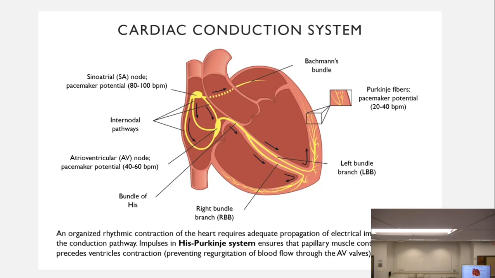It can be in concentration, like in diffusion, where things move from high to low concentration, or in osmosis, driven by the osmotic pressure, or it can be as a result of the difference in pressure between two different points. In this case, the arterial side of the circulation and the venous side of the circulation.